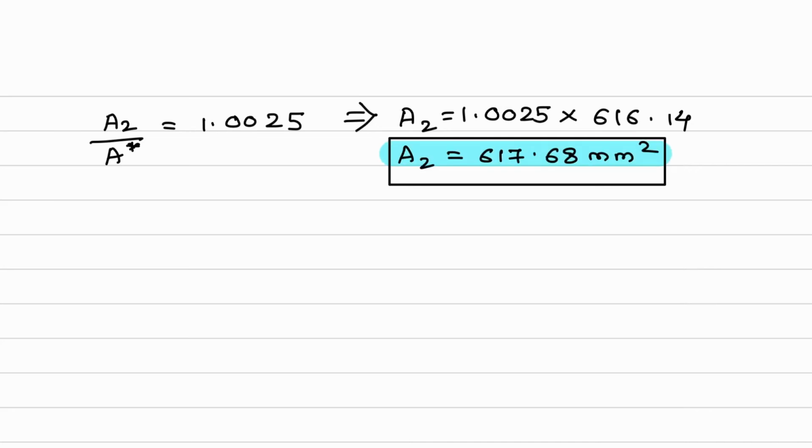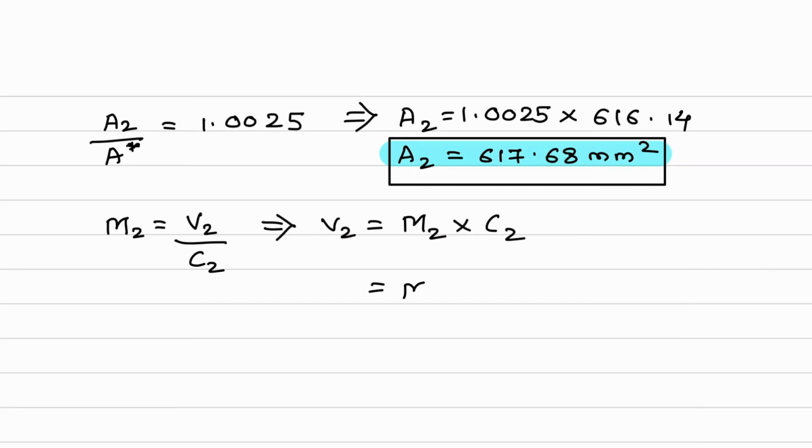Then again we have to find velocity as well. So how to find velocity? Mach number of section 2 or exit is equal to velocity of air at that section upon sonic velocity at that section. So what we have to find? We have to find V2. So what will be V2 from here? V2 will be equal to Mach number at point 2 into sonic velocity at point 2.